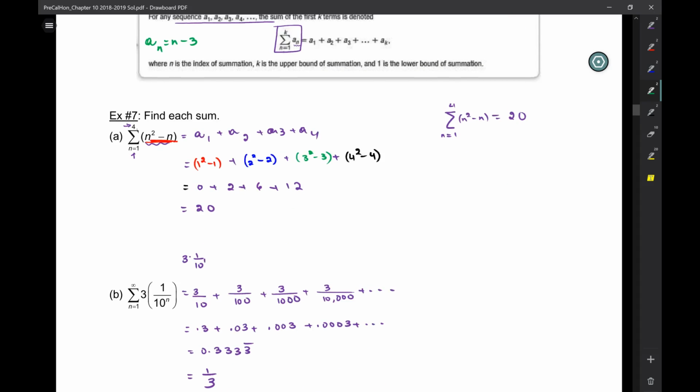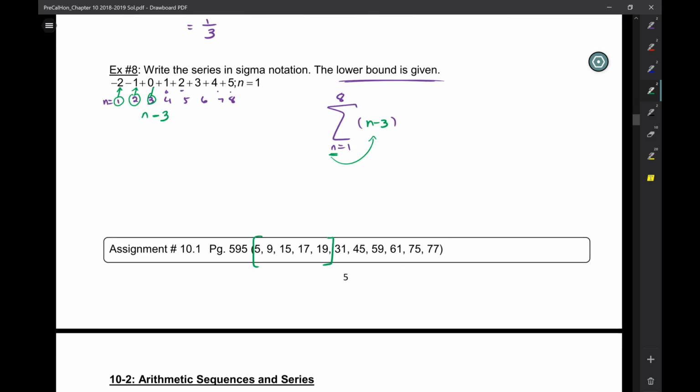So that's saying whatever the formula is, and then it generates the terms. So that's how we do that one. Okay, so this formula relates each term with the value of n.